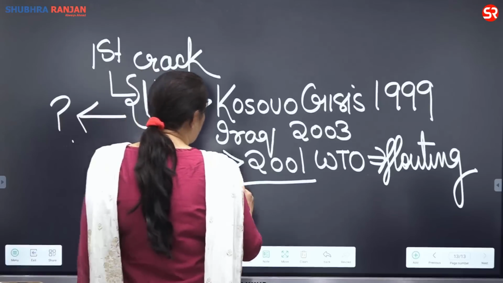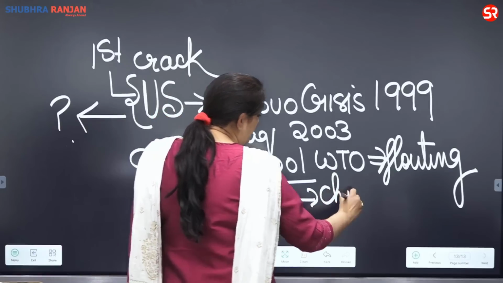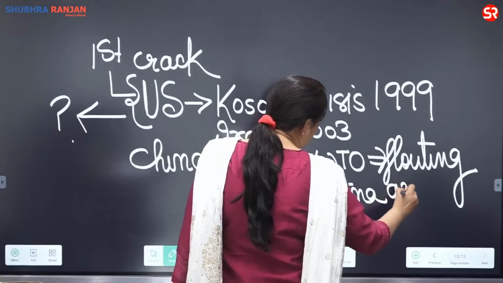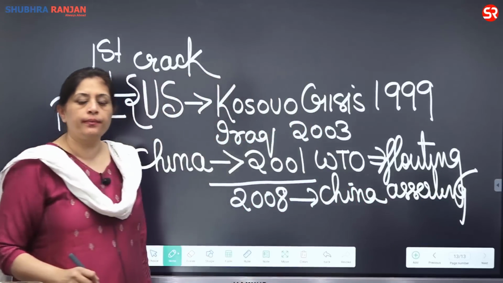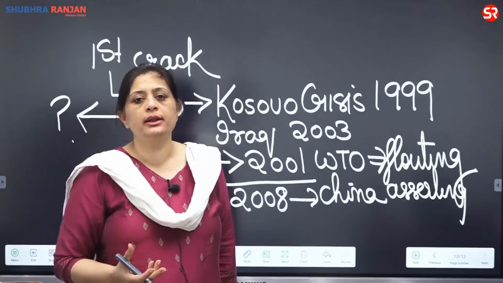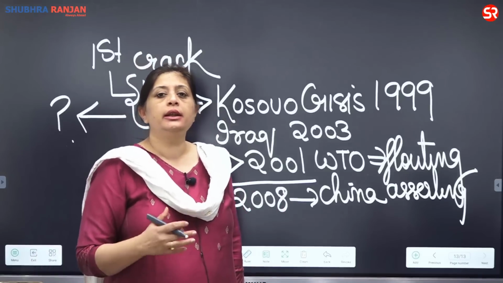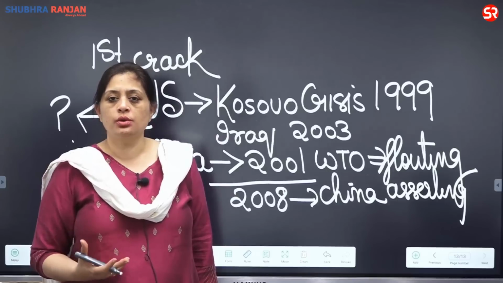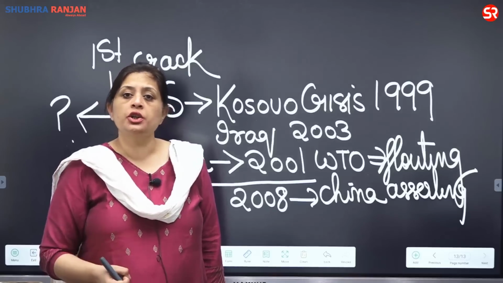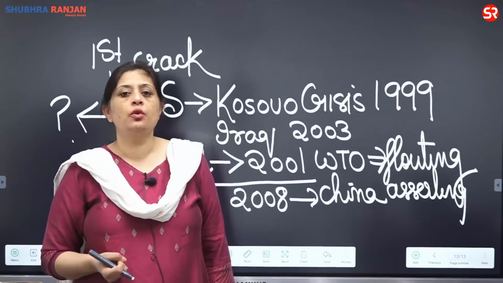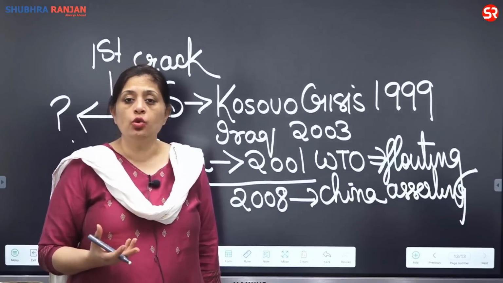So primarily from 2008 onwards, we see China asserting itself, China flouting the norms, China building the artificial islands, China not observing the dictates of the Permanent Court of Arbitration in South China Sea, China not observing the norm of post-Cold War world order, that is democracy, China repressing Uyghurs.